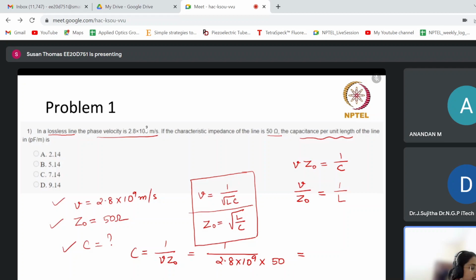So the answer is expected to be in picofarad per meter. So basically, can you quickly calculate and see which among the four options? I think there is a slight mistake. Can you try once again?